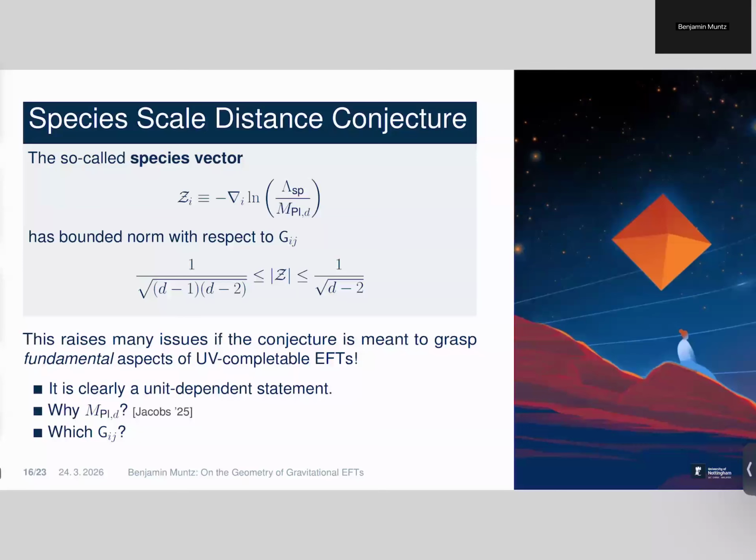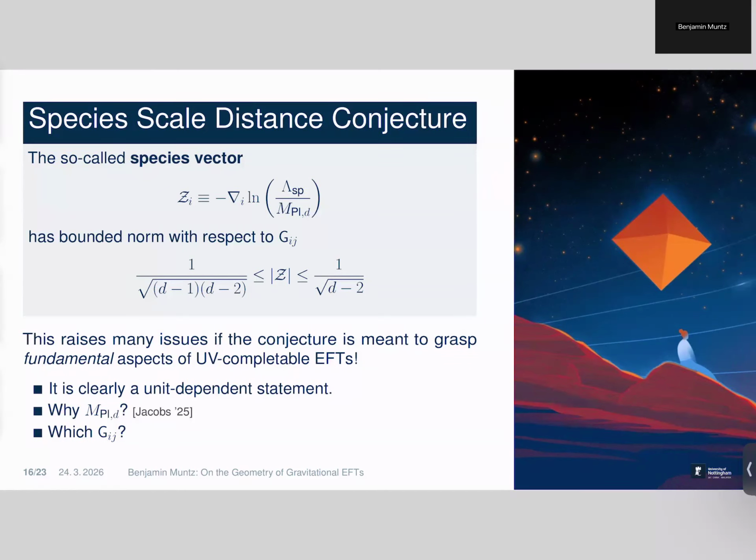And also the philosopher Caspar Jacobs has a very nice paper going through some of the heuristic motivation for why one might want to consider the d-dimensional Planck mass in the context of quantum gravity, and argues that some of these claims are maybe a bit untimely.